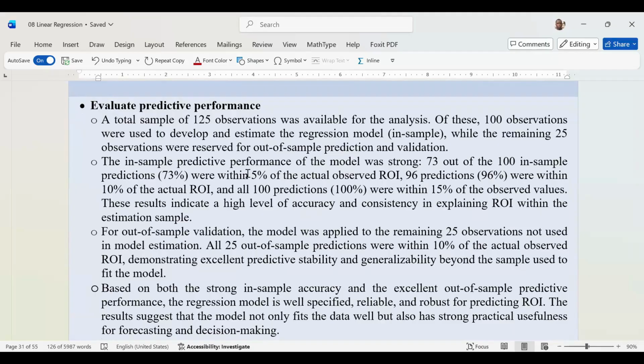Exactly so. So you do a comparative analysis between the actual observed values and the predicted value, and see whether there's significant difference between each of them. So when they are very close, then we say that the predictive power of our model is very good.